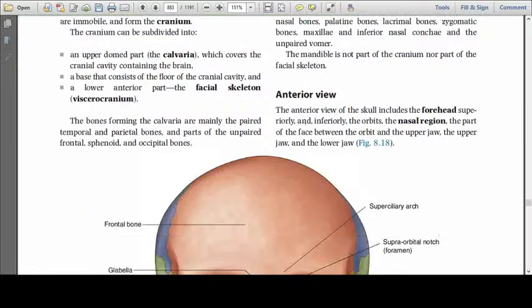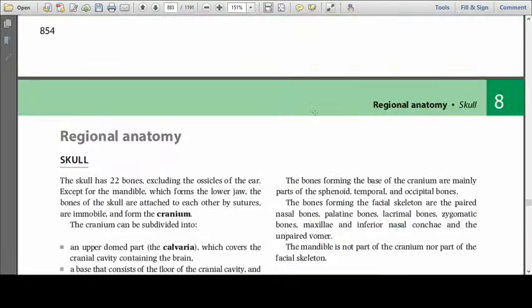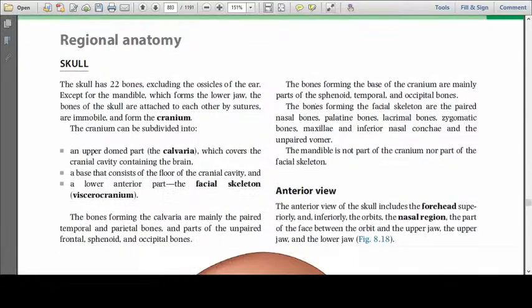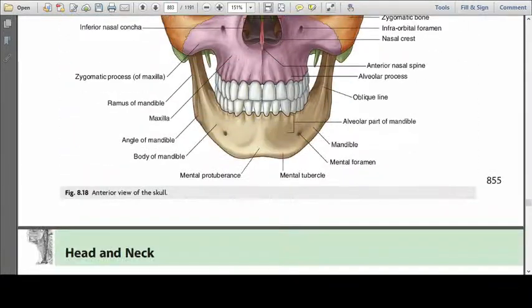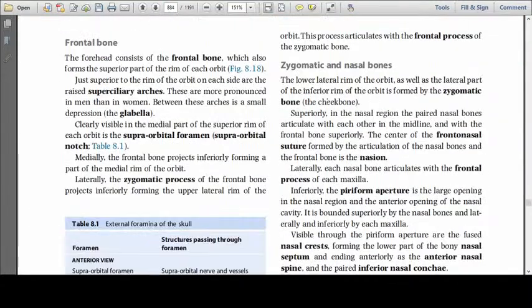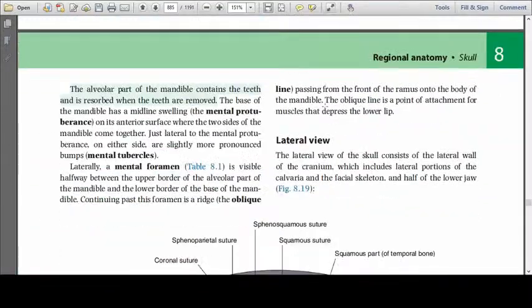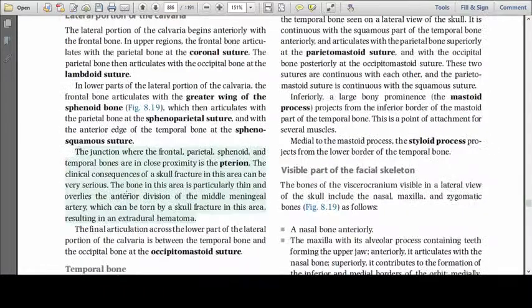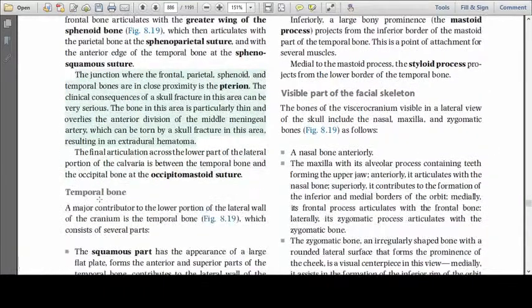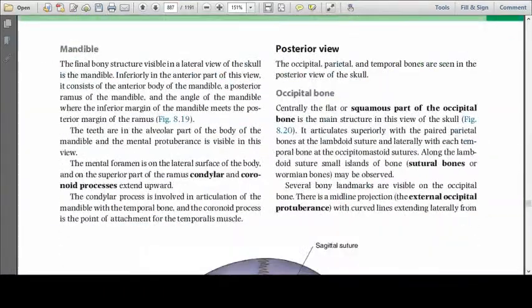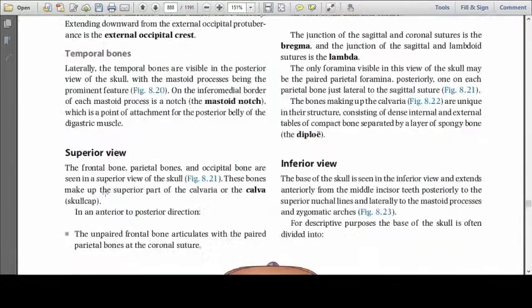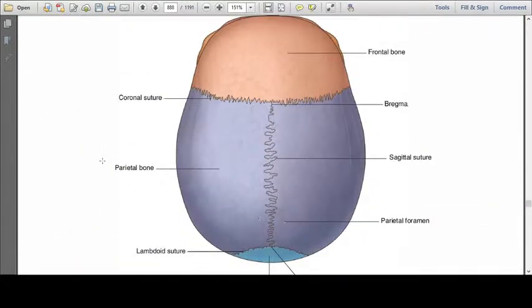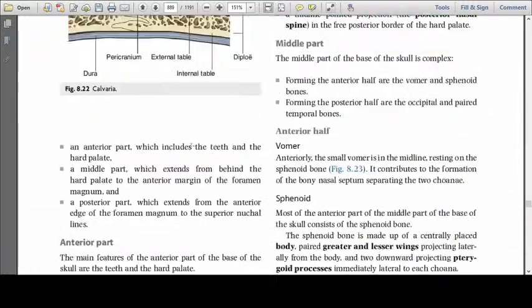And we have skulls. What is the original anatomy of the skull? We're going to study that as well. And we have lateral. We're going to study this head and neck. Mandible. So today we're going to study all the bones of the head and neck, especially the head.